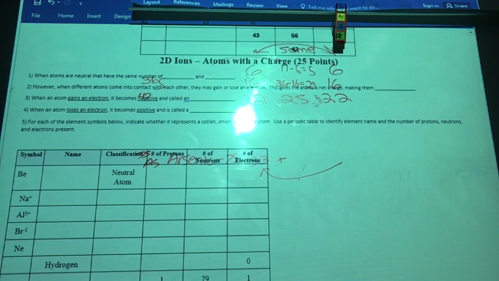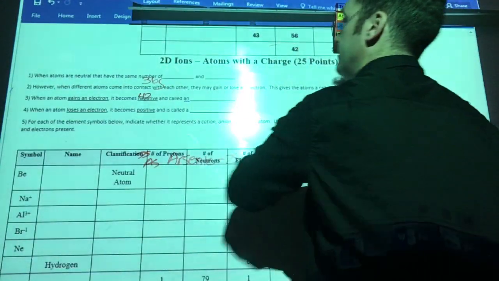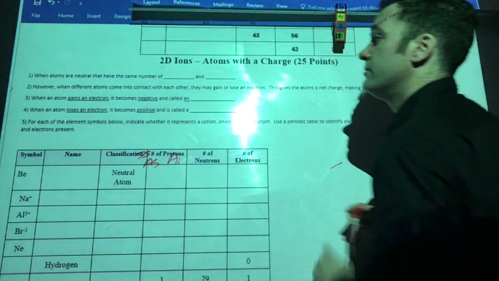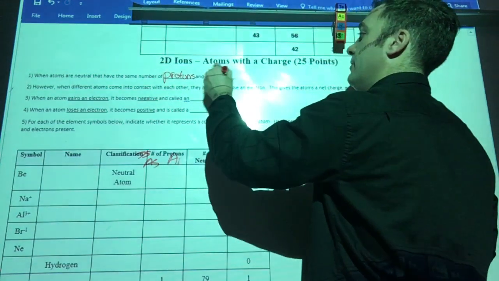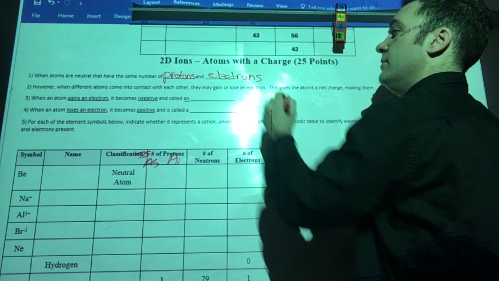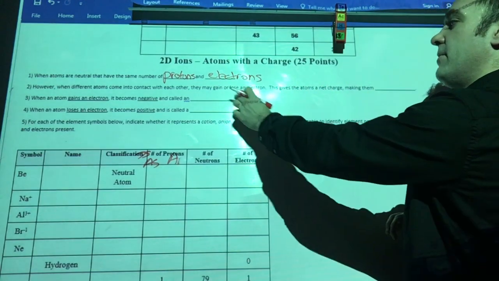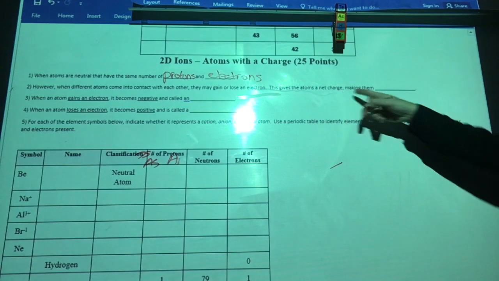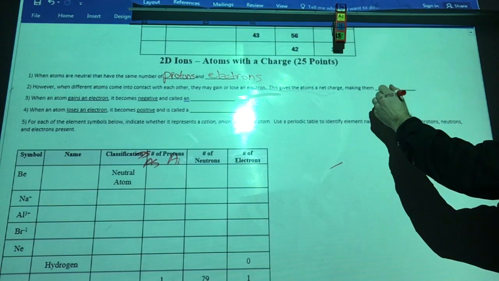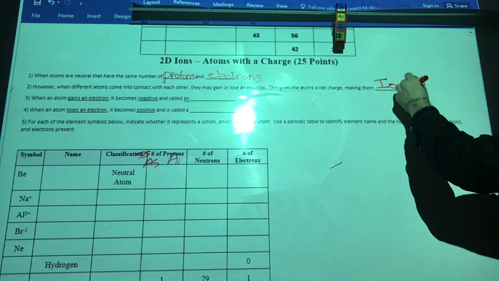Okay, when atoms are neutral, they have the same amount of protons and electrons. However, when different atoms come into contact with each other, they may gain a little. This gives an atom a net charge, making them ions.